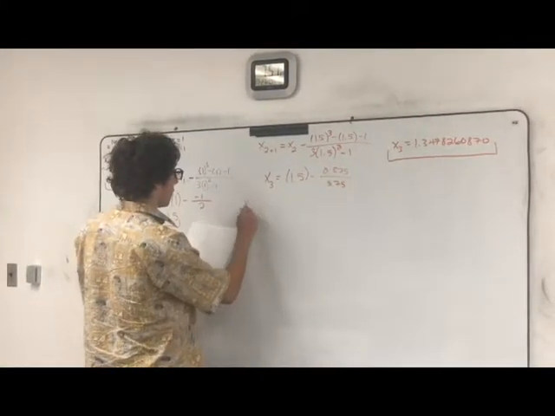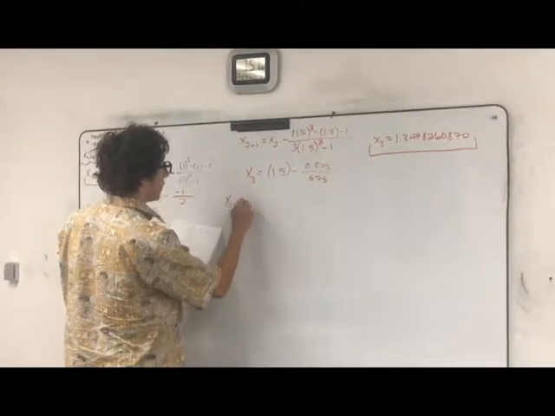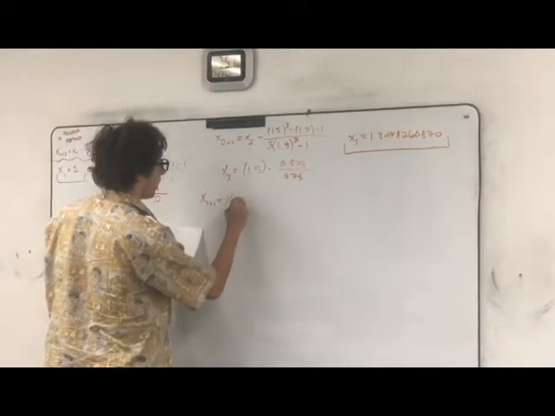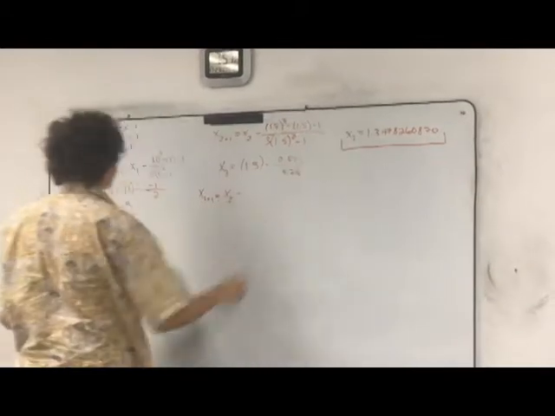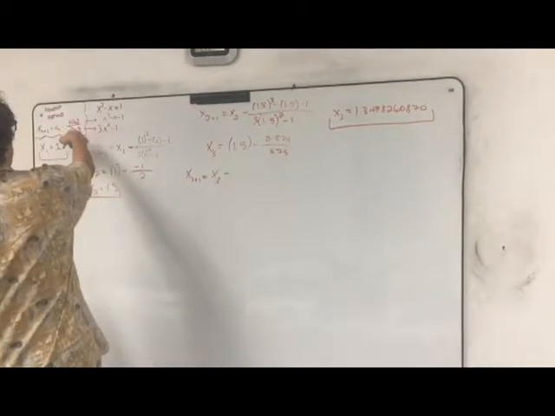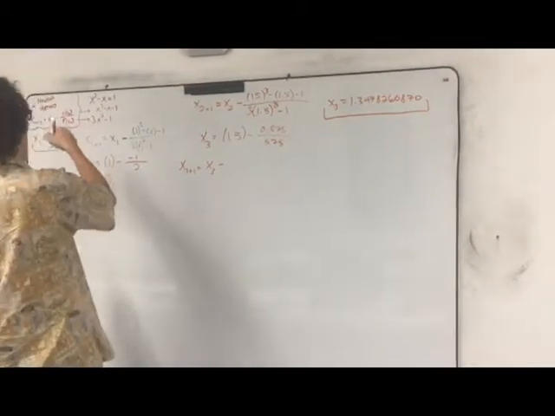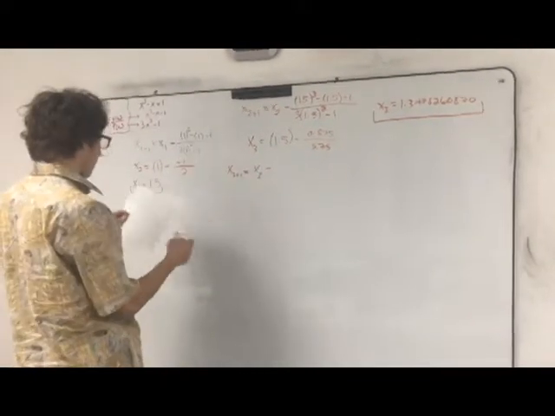So x of 4 is going to be x of 3 plus 1 equals x of 3 minus that put into f of x of n and f prime of x of n.